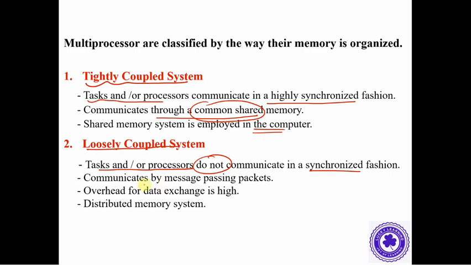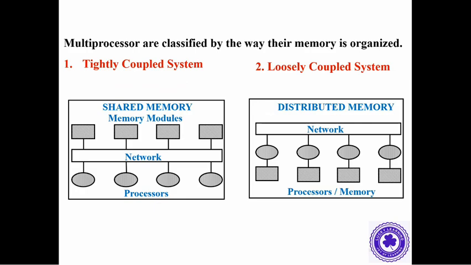And this communication is possible by message passing packets. It means if one processor wants to communicate with another processor, it sends some messages by means of packets. This has the overhead of data exchange, and it is called a distributed memory system because each processor has its own private local memory.